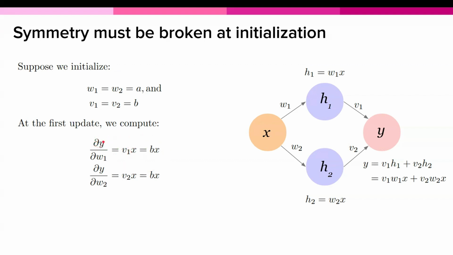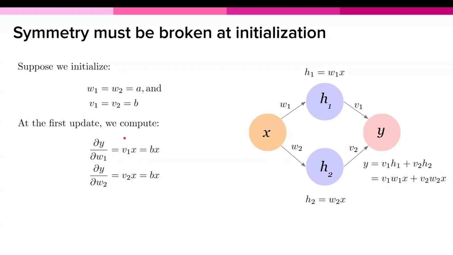So the gradient of y with respect to W1. There we're interested in this output here. With respect to W1, this term is just a constant, and then the gradient is going to be V1x.